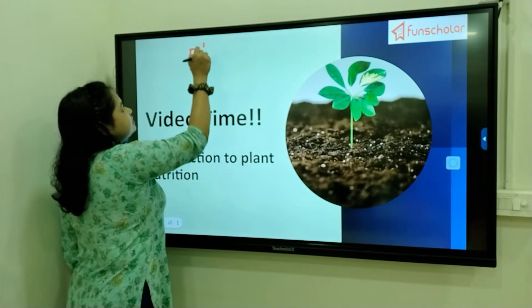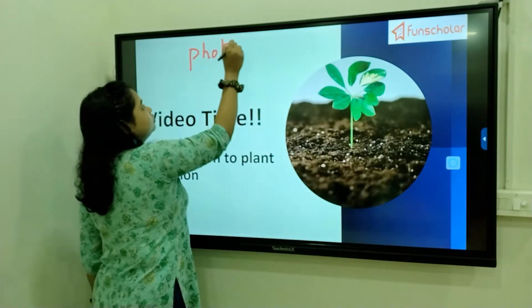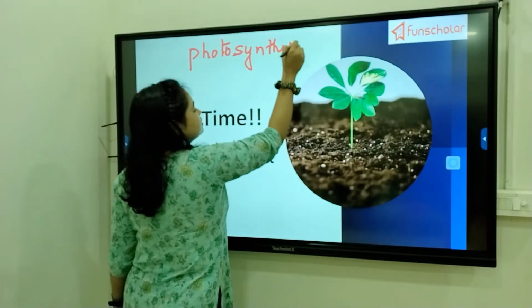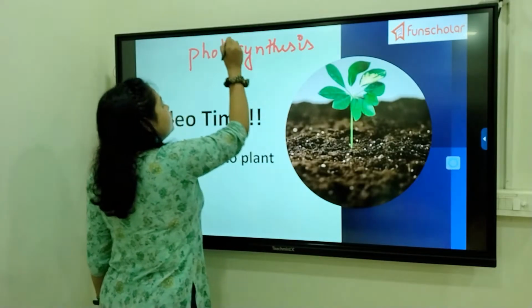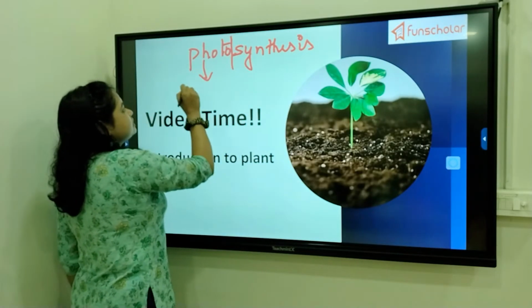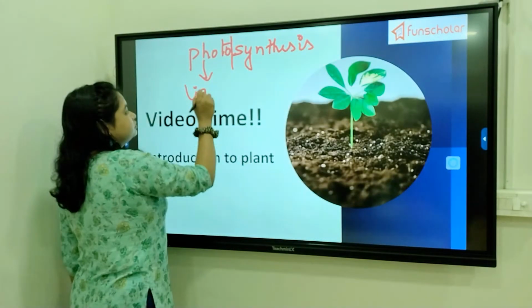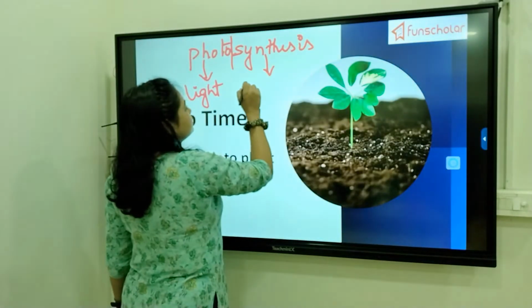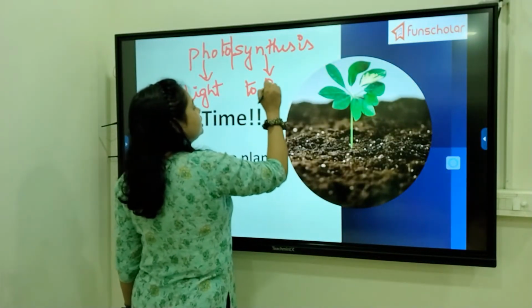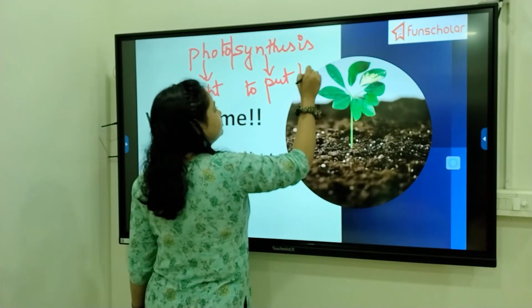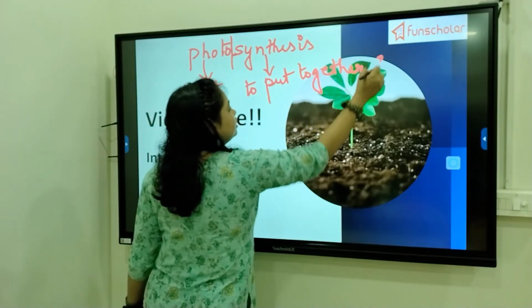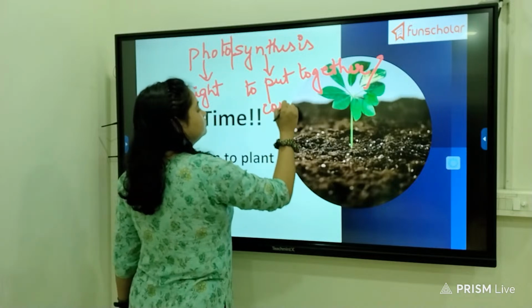If I write this term, photosynthesis, photo means light, right? And synthesis means to put together or to combine.